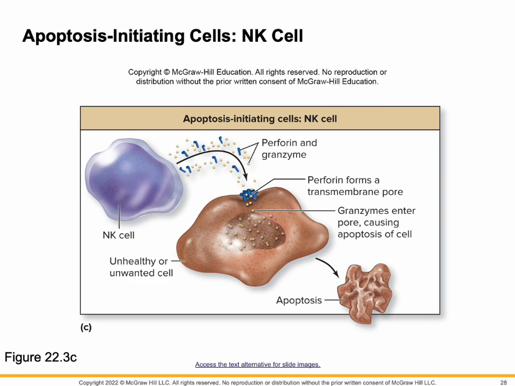So think the word perforin is like perforate, right? So you're creating this opening or this hole in a cell. And then the granzymes enter the cell, enter through these new openings that were formed by the perforins, and then go in and they initiate and induce something called apoptosis. And so apoptosis is essentially just programmed cell death, right? And so again, these are unhealthy cells slash unwanted cells that the body is going to get rid of. So maybe things like cancerous cells or potentially pathogenic cells, right?